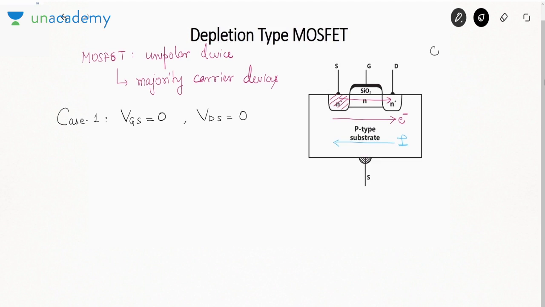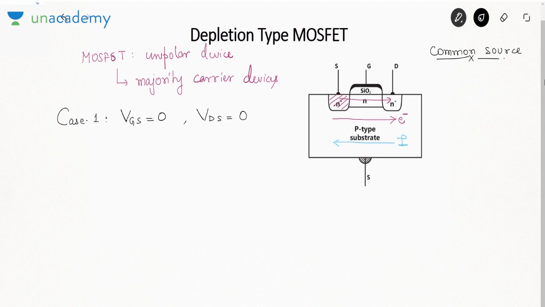Here most of the time we use source as the common terminal. Just recall the amplifiers that we studied in BJT. The most common type was the common emitter amplifier. Since emitter is replaced by source in MOSFET, the most common type of amplifier will be the common source amplifier.